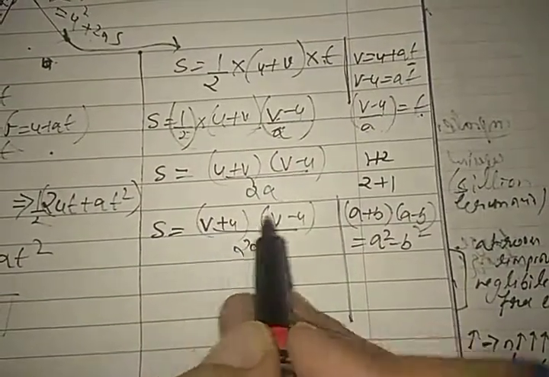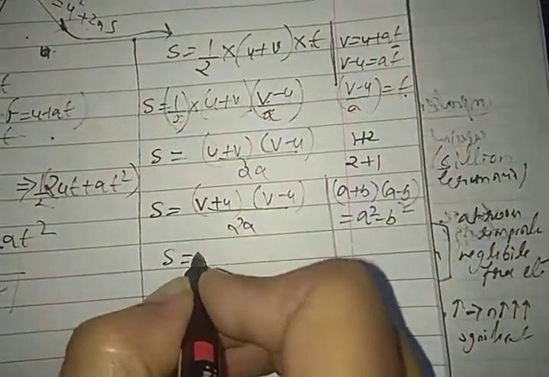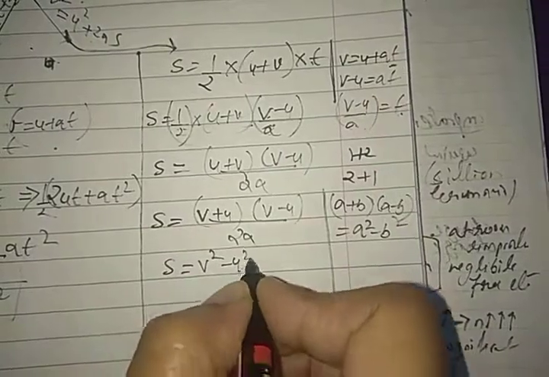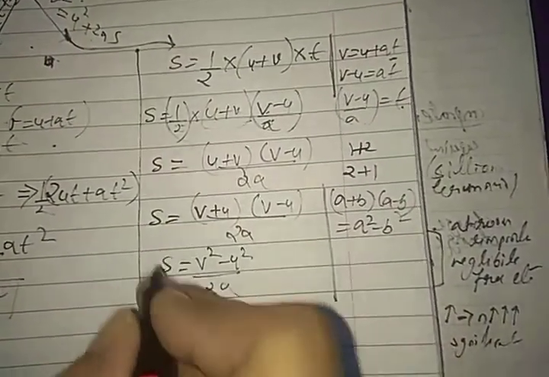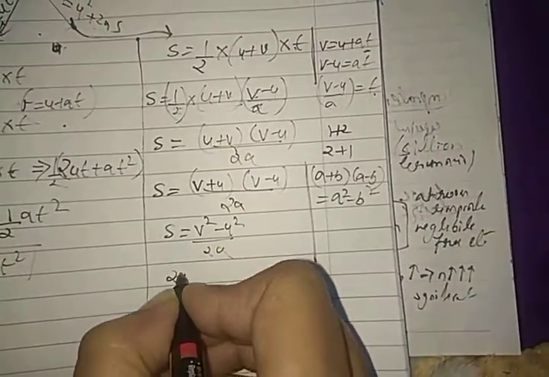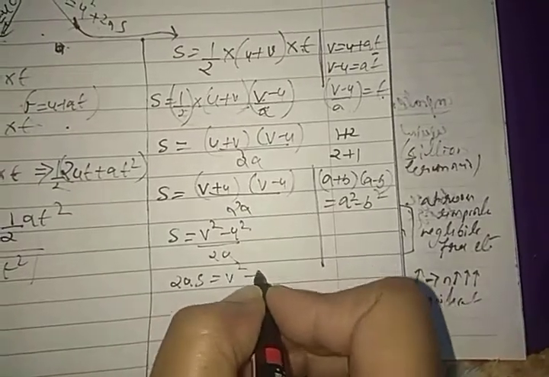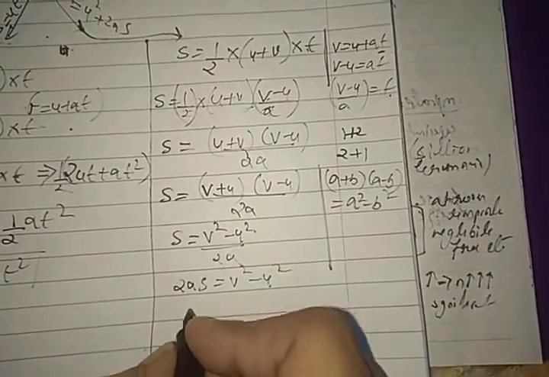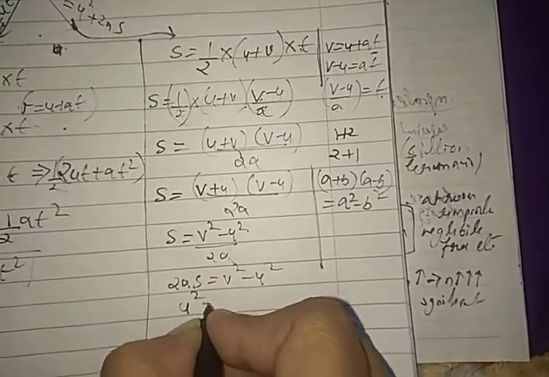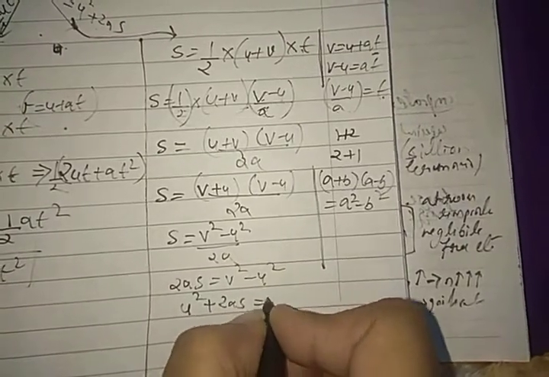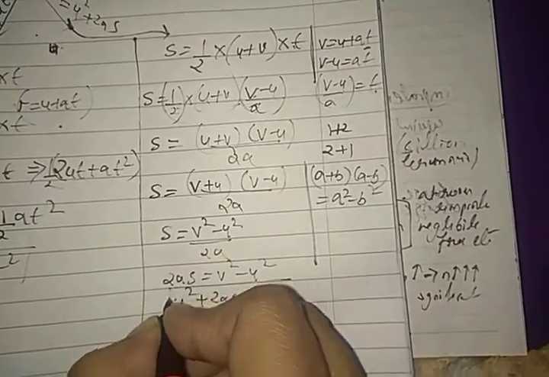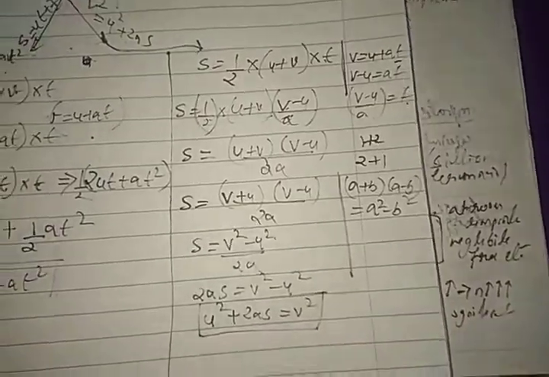So I can write v square minus u square. So s is equal to v square minus u square upon 2a. Cross multiply: 2as is equal to v square minus u square. Shift u square to this side: u square plus 2as is equal to v square. This is how we derive the third one also.